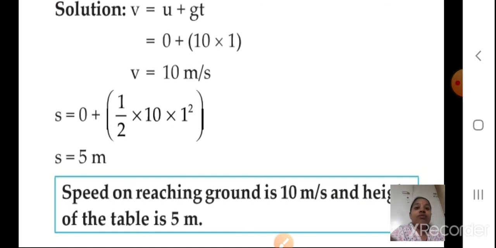So we have taken it as negative. While in the last sum which I solved today, you saw that the g value is taken positive. Why? Because the ball was falling off the table.